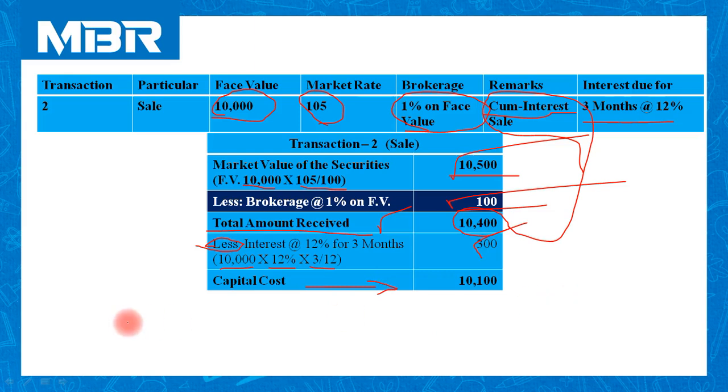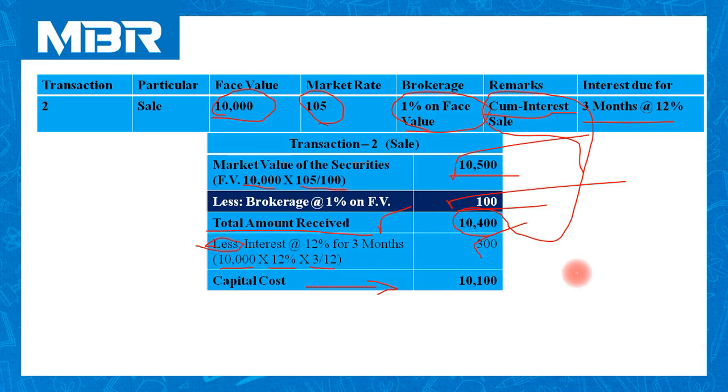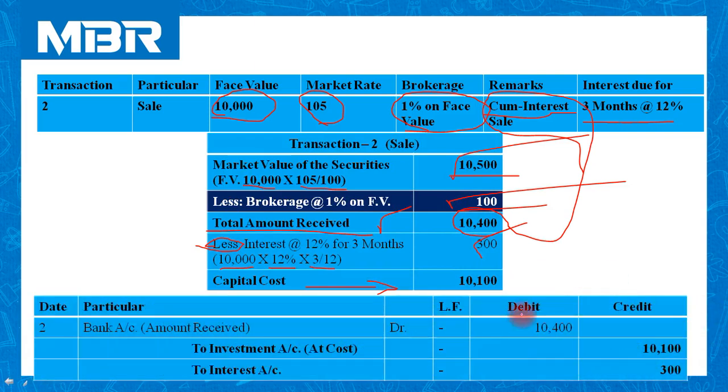Now pass journal entry for this transaction. We have received the amount. Total amount received is 10,400. So bank account debited 10,400 to investment account. This account is credited with cost price, and cost price is 10,100 to interest account.